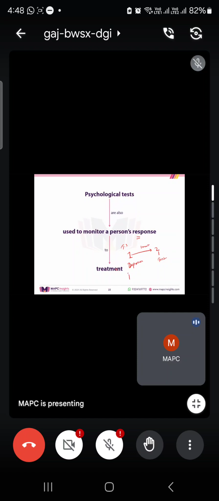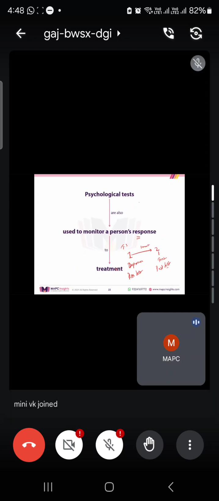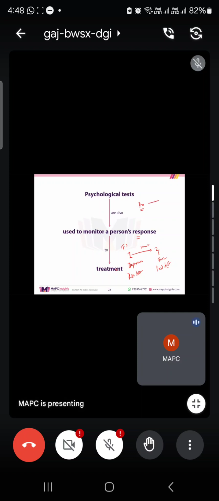In research we call it a pre-test and post-test. Today we do the depression test and see the level of depression. Let's say it is 70, and after 1 month of treatment it comes down to 50. So the treatment is effective, for example.